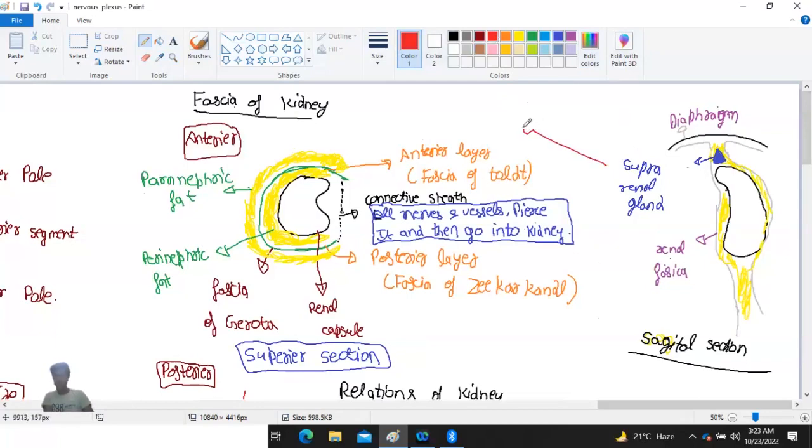We write here superior artery, middle artery, and inferior artery.